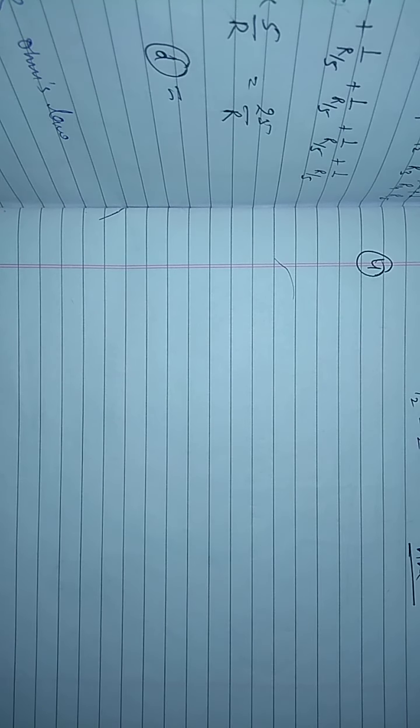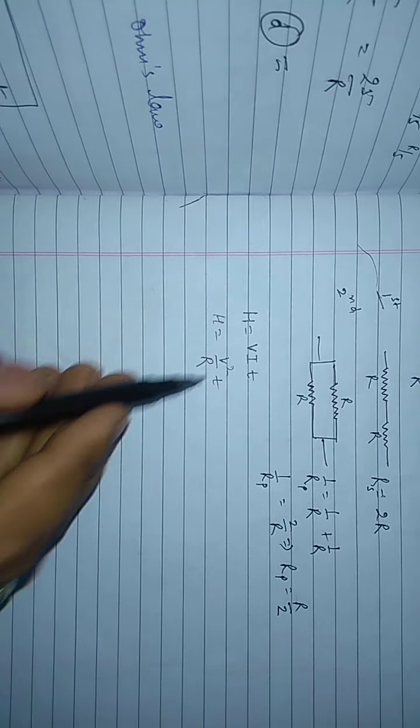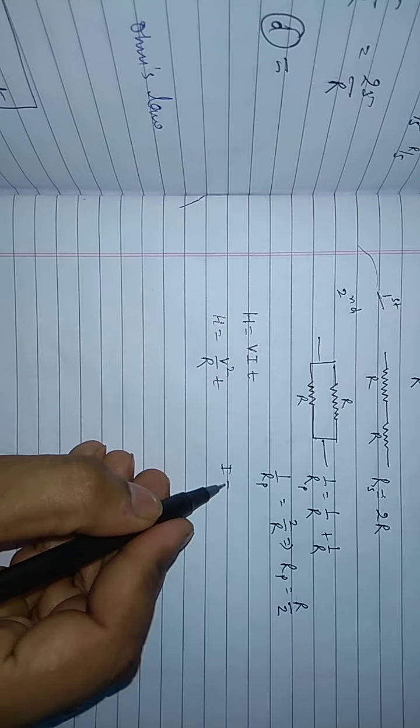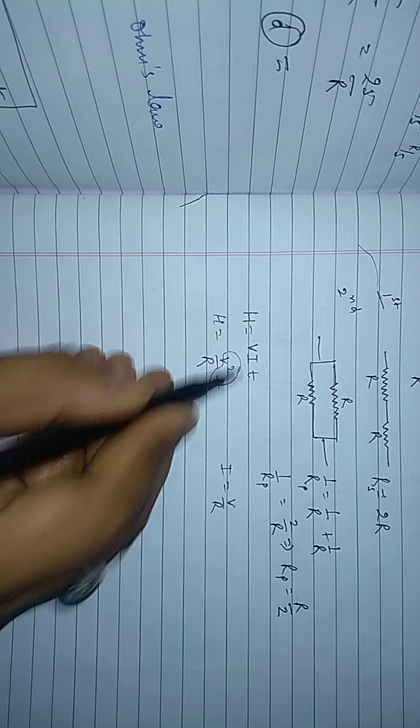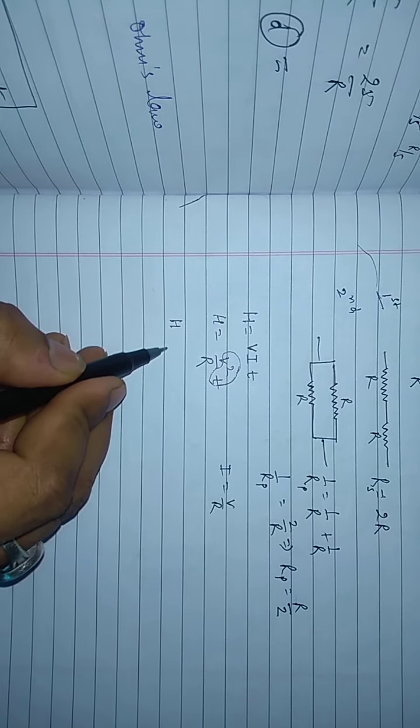The potential difference is constant. Then if we put I equal to V upon R, V is constant and T is also constant. So H is proportional to 1 upon R.